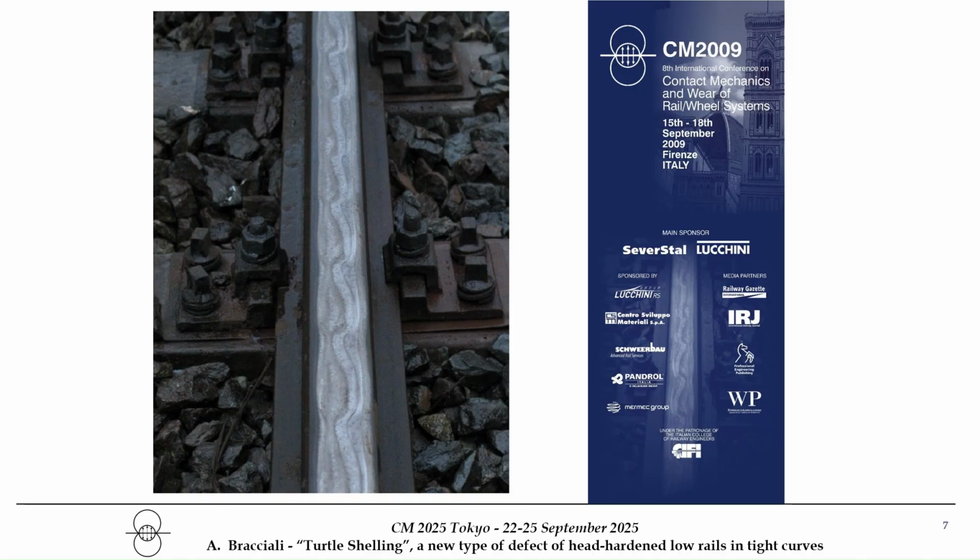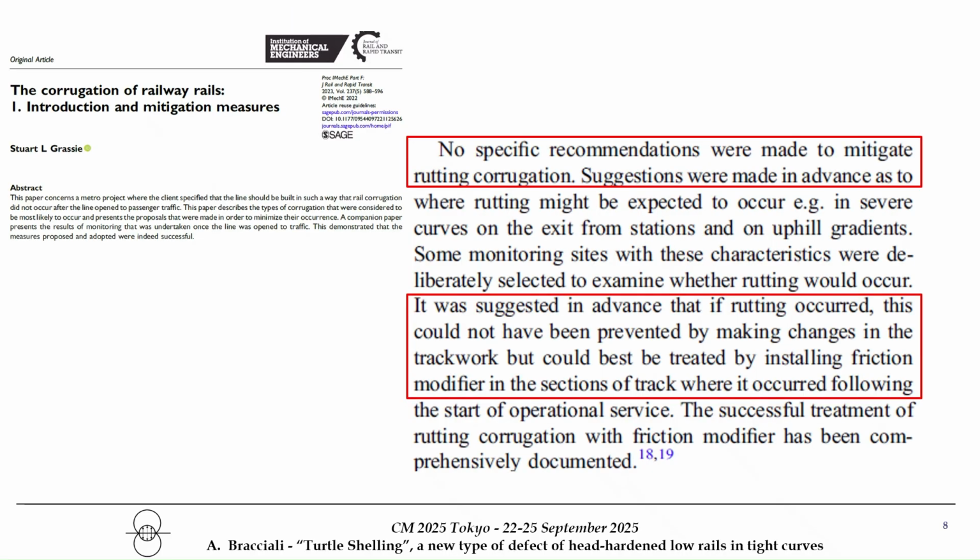A few years later, it was realized that the lateral origin of corrugation was the flexural behavior of the axles. Nevertheless, in the same paper, Stuart very honestly admits that he didn't recommend anything to do in case there was a problem in Kuala Lumpur, saying that if rutting occurred, it could not be prevented by making changes in the trackwork, but just recommending the use of friction modifiers.